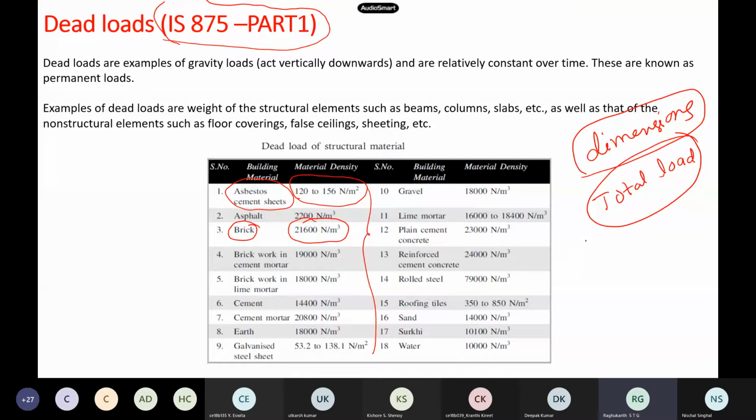For example, if you are designing a tension member, as I already told, sigma is P by A. Now P contains your dead load also. So in the starting, you have to assume some dead load. Then sigma y is known to you, you calculate the area, and then from the steel tables, you select a section.